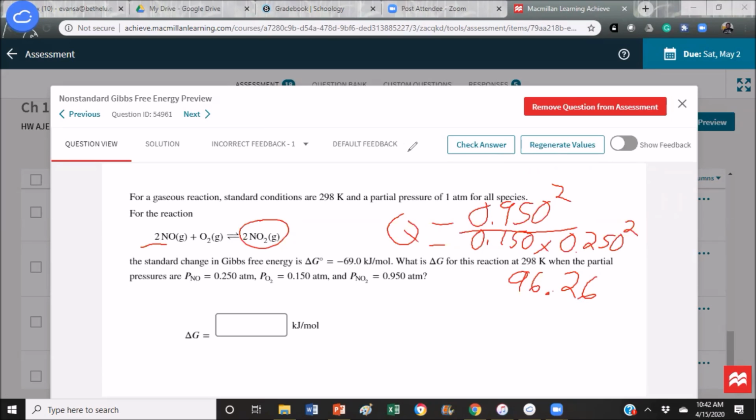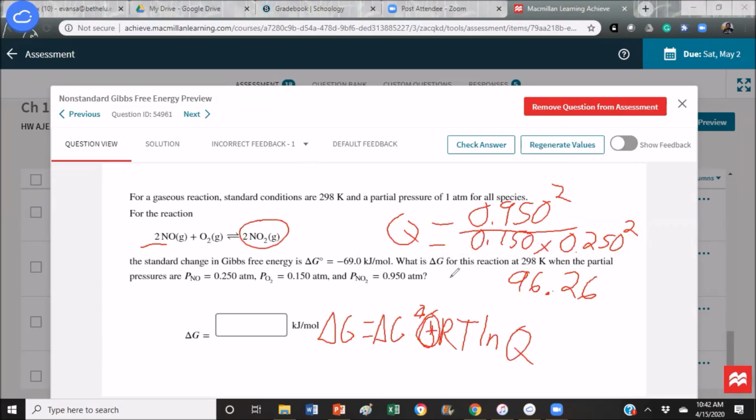So delta G equals delta G standard plus RT ln Q. Watch out for the sign. The last equation was a minus. This guy's a plus. How do you know this is the one you're supposed to use? You're supposed to use this one because they don't say it's at equilibrium and they ask for the non-standard.